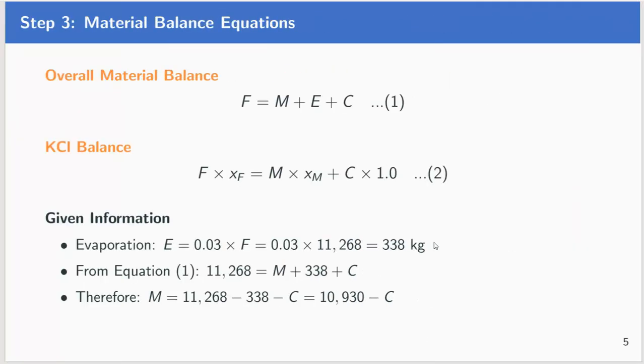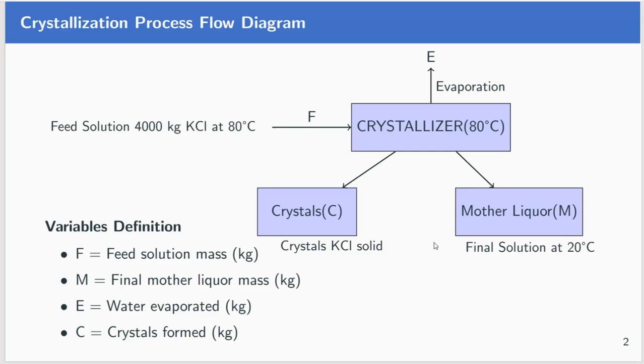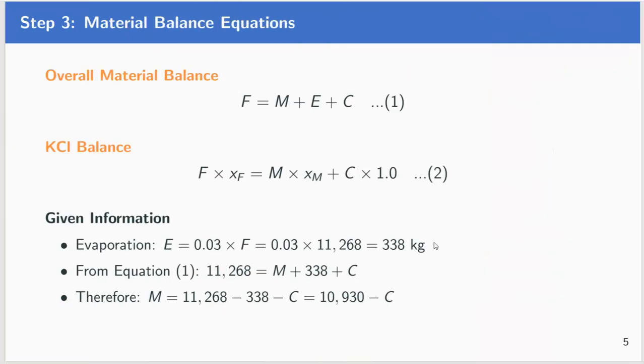Step 3, material balance equations. The overall material balance is F equals M plus E plus C, meaning input is equal to output. If you see the diagram, input is F, and output is evaporation, crystal and mother liquor. Now the KCl balance.